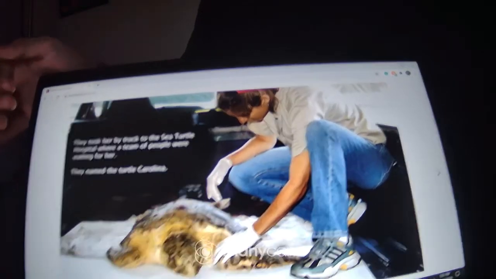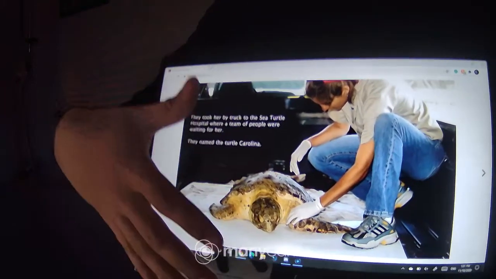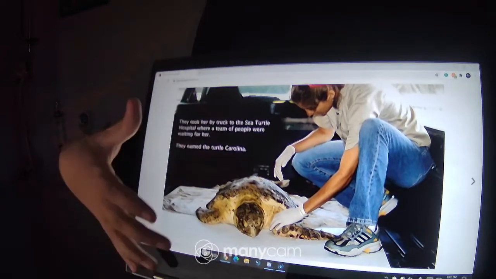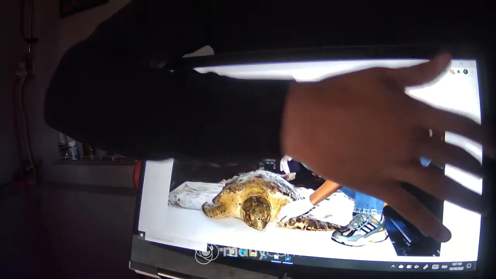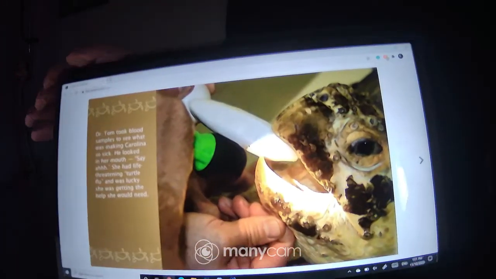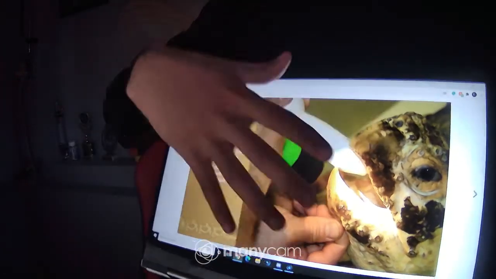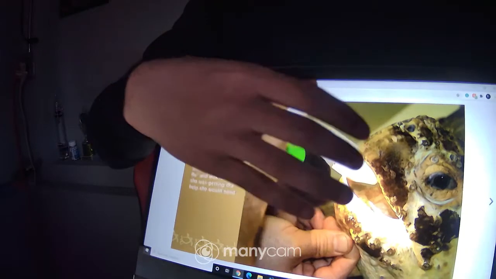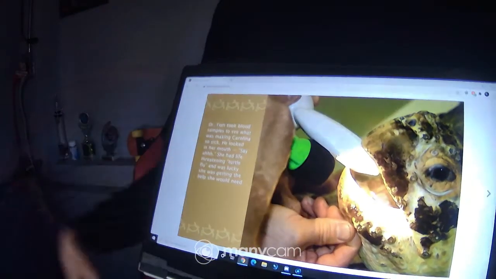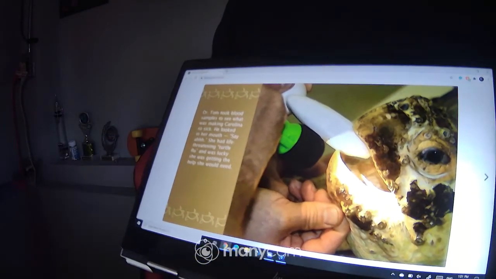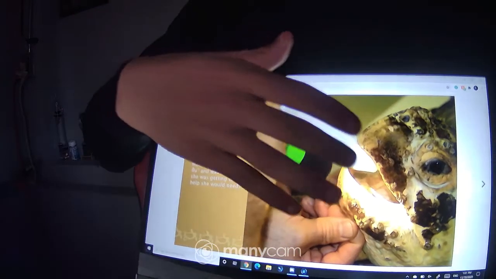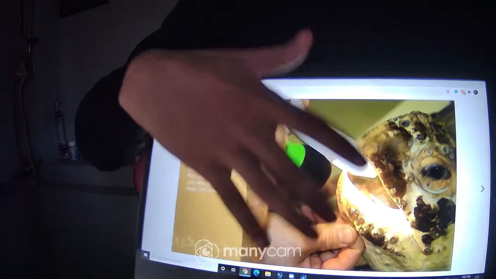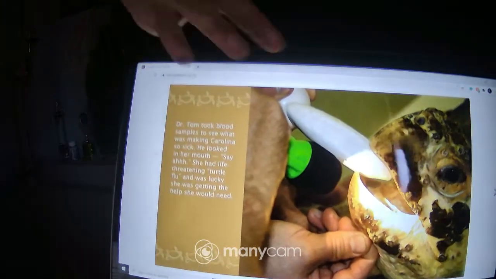They named her the turtle Carolina. So they were taking her to a hospital, and they even named her while she was being transported. For the third image, we see that she's maybe being given some medicine, and they're shining a light into her, so maybe they're trying to find the sickness or the reason why she's been sick.